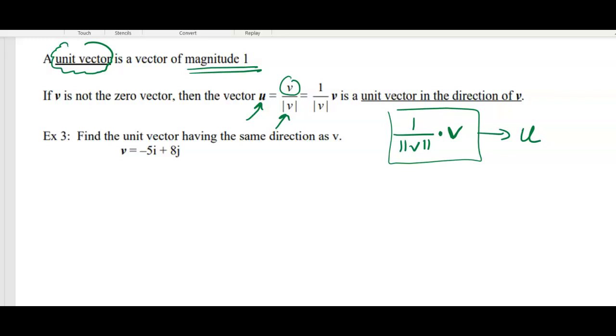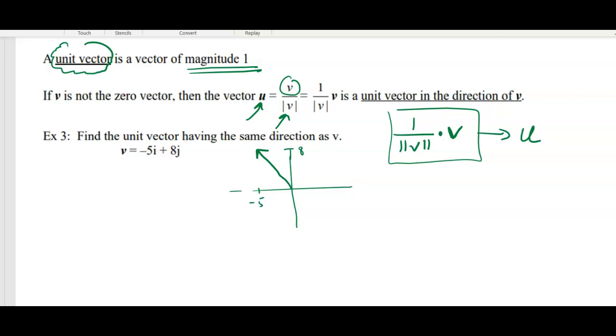So let's do an example. Vector v, so if I were to make a rough sketch, -5, +8, there it is. I know that vector does not have a length of 1. It has a length of 5 squared plus 8 squared, take the square root.